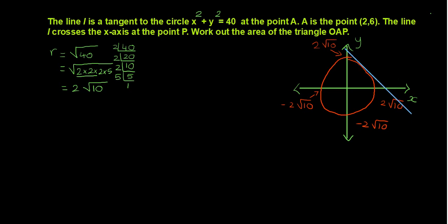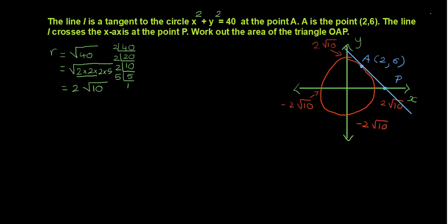We'll call this point here A. The question says line L is a tangent, so this blue line here is the line L, and A is the point (2, 6). It touches the x-axis at the point P. So this point here is P. Work out the area of the triangle OAP.